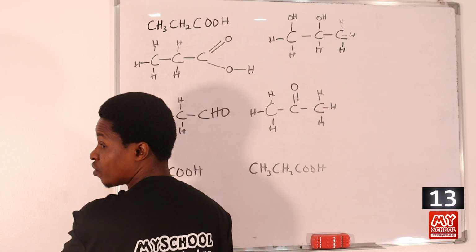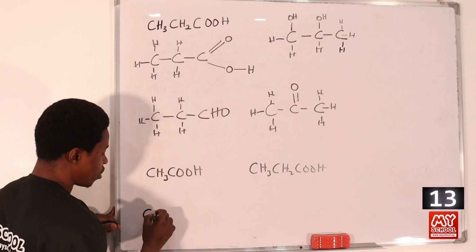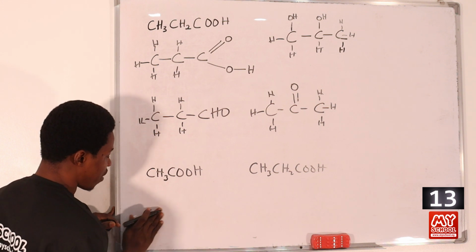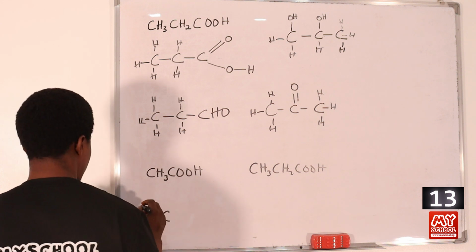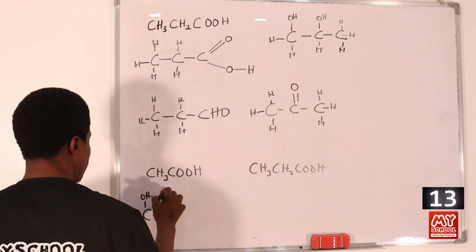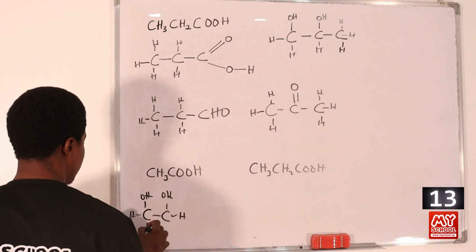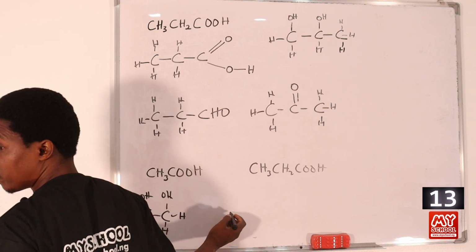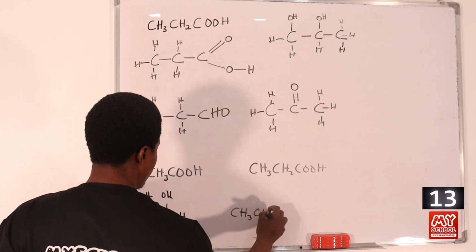Then ethan-1,2-diol, that means we have carbon 1, 2, that's 2 carbon atoms, 1,2-diol, so we have OH here. We have OH here, okay? We have H here. Diol. Then the other one is ethanoic acid. Ethanoic acid is CH3COOH, okay?